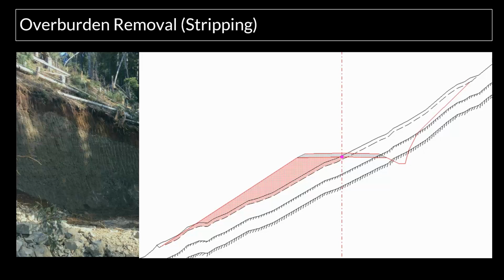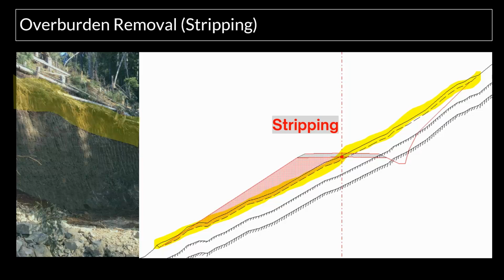All right, and next we have our overburden removal. So for that, briefly explain that we probably don't want to include all of the material on the ground in our road prism as fill.